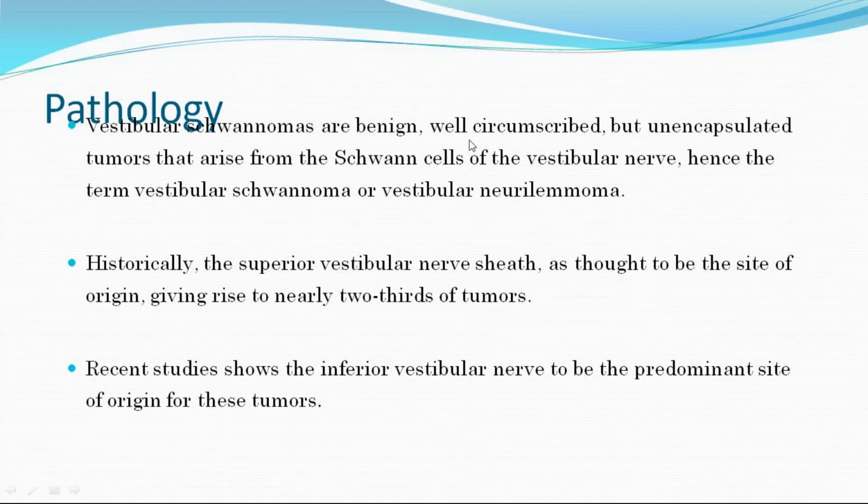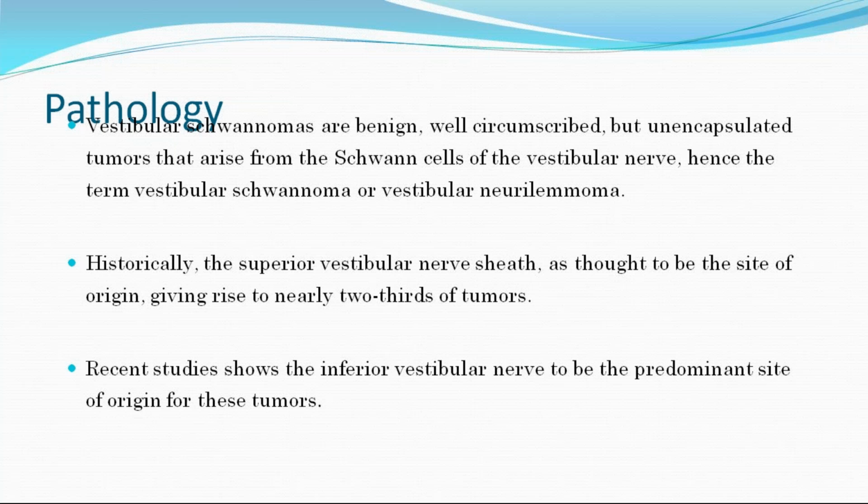So they are benign, well circumscribed but unencapsulated tumors that arise from Schwann cells of the vestibular nerve. Hence the term vestibular schwannoma or vestibular neurolemmoma is used. Previously it was thought to arise mostly from the superior vestibular nerve, but now they are saying it mostly arises from the inferior vestibular nerve.